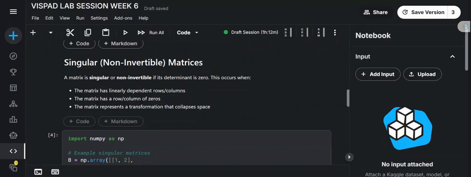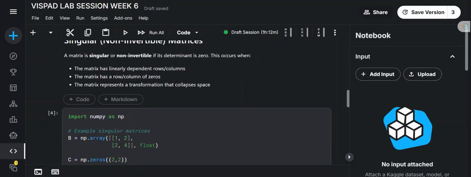I'm sure by now we know what this means. The matrix has a row or column of zeros, meaning at least one of the rows or columns has its entries all zero. And also the matrix represents a transformation that collapses space.